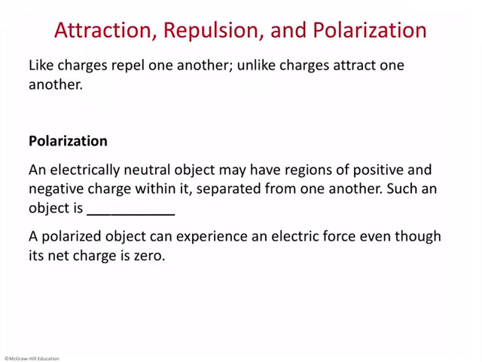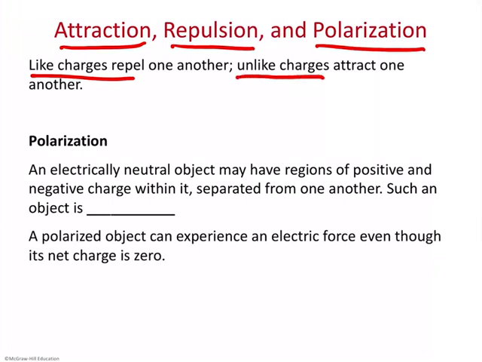All right, on the next one, this is just talking about polarization. So you've got attraction, repulsion, polarization. You know that if you have like charges, think about magnets. If you put the same charges close to each other, they just push. You cannot get them to go together at all. When you get 2 unlike charges together, they attract.